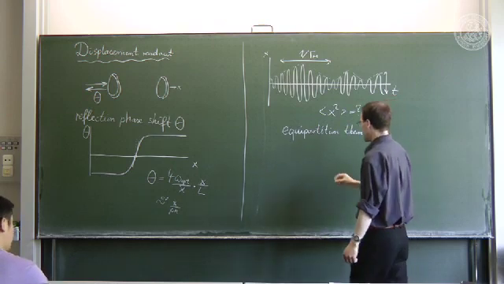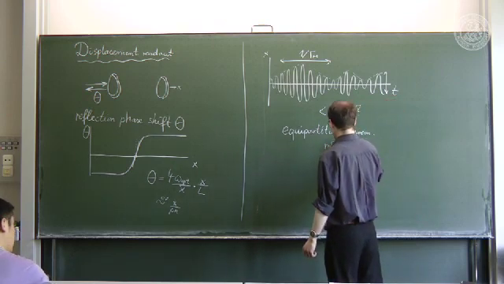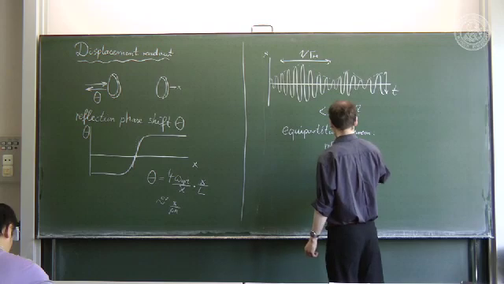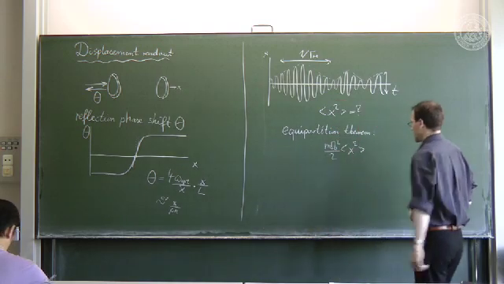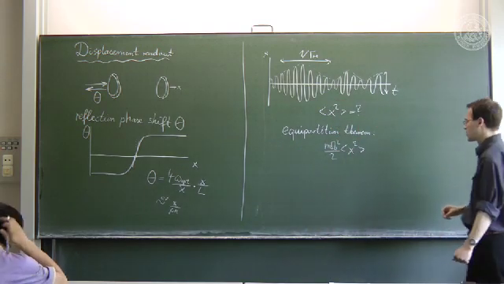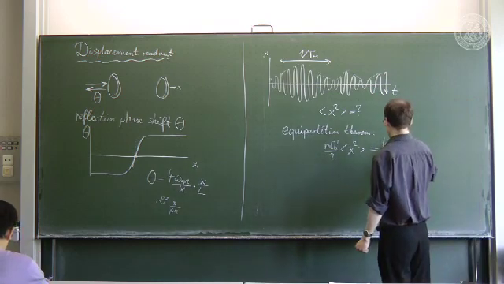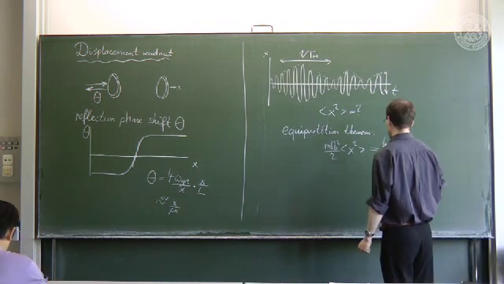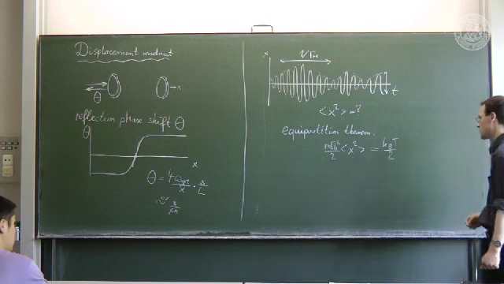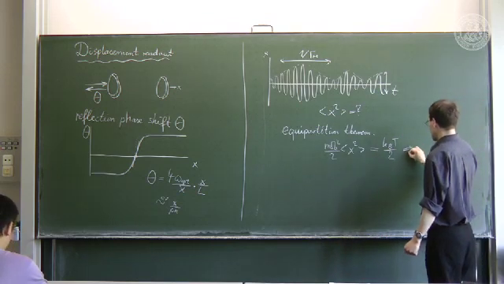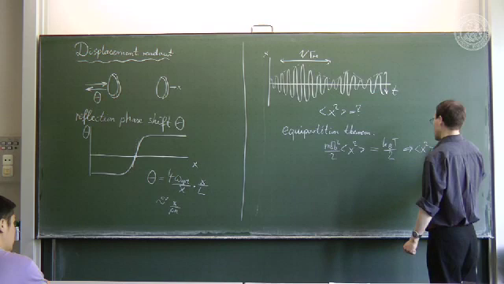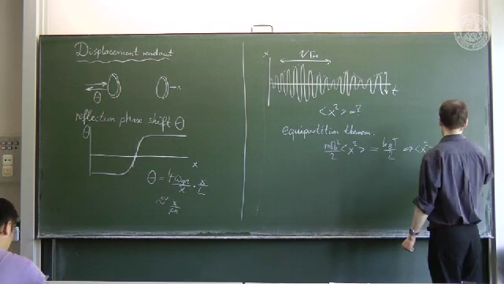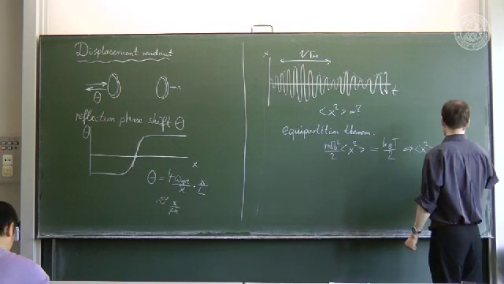So that would tell you that the average potential energy, which is m omega squared x squared over 2, is equal to k_B T over 2. And so as a consequence, the variance of x is directly given by the thermal energy divided by m omega squared.